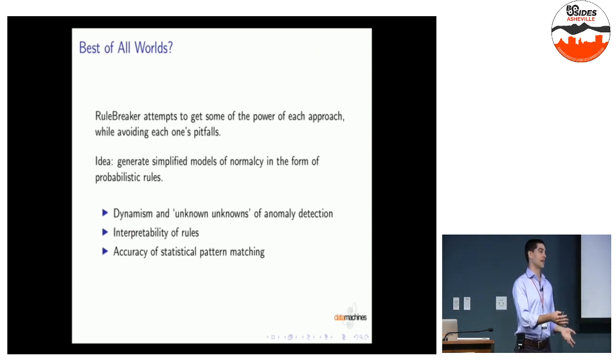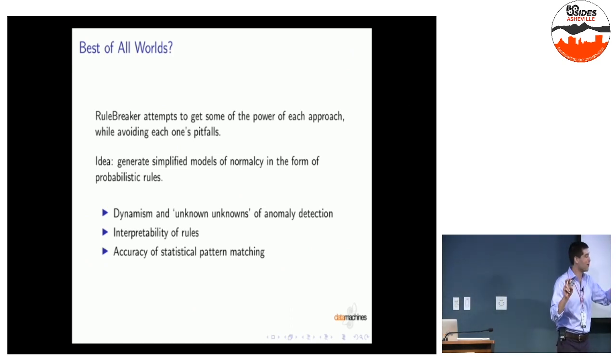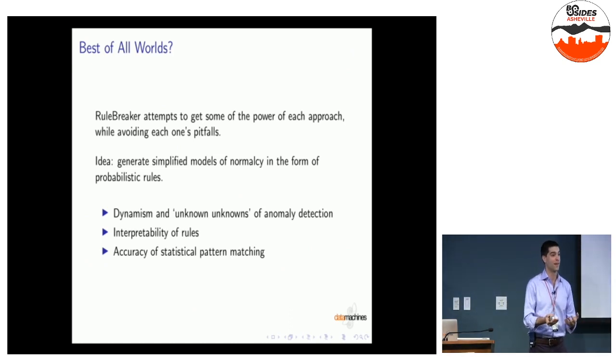So I'm going to look at your data, and in your data, if port 53, then DNS, likelihood 99% of the time. We're going to infer that from your data, and then we'll go back through your data and try and identify observations that break that rule. And we'll talk a lot in a minute about how to identify security-relevant rules as opposed to just correlations nobody cares about. You get dynamism, you get some unknown unknowns here from the anomaly detection part of this.